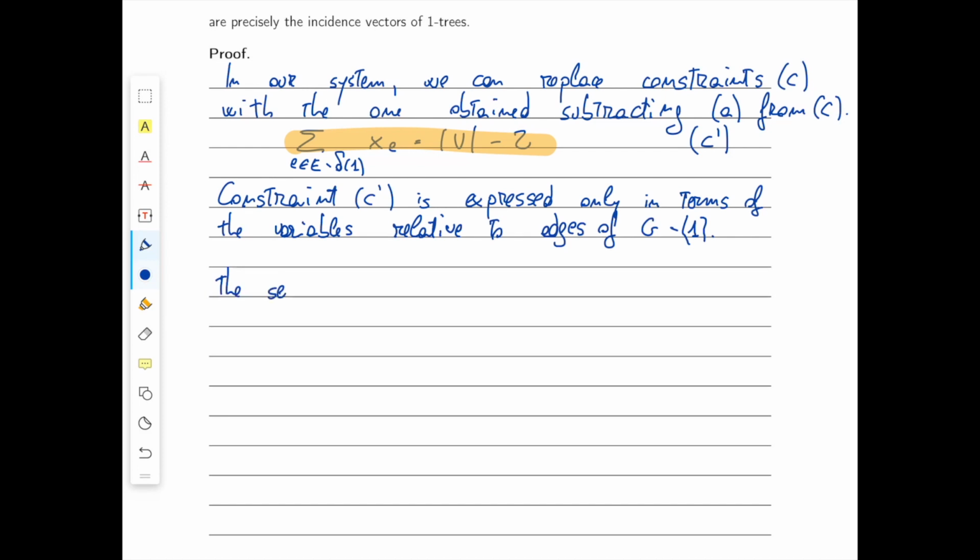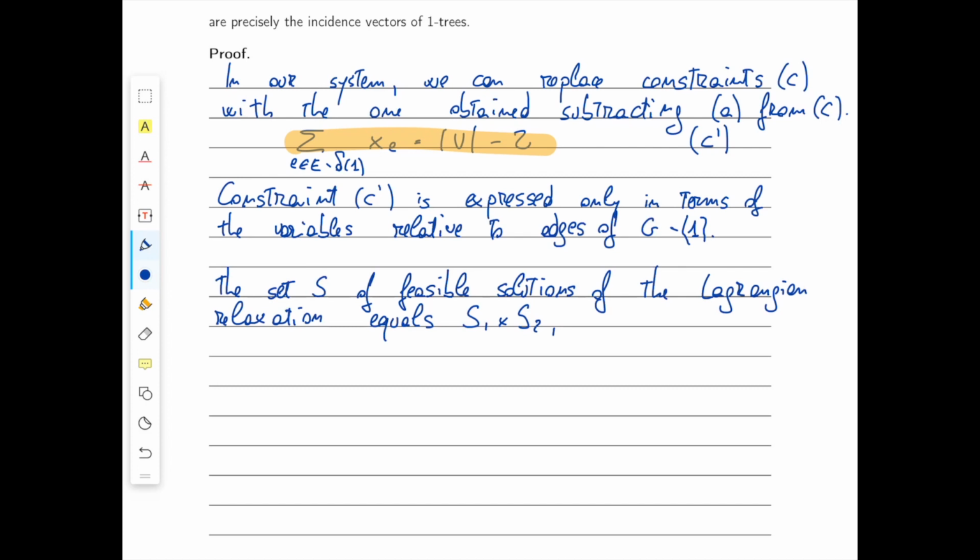The set S of feasible solutions of the Lagrangian relaxation equals S1 times S2, where S2 will be our orange set, while S1 will be our yellow set.